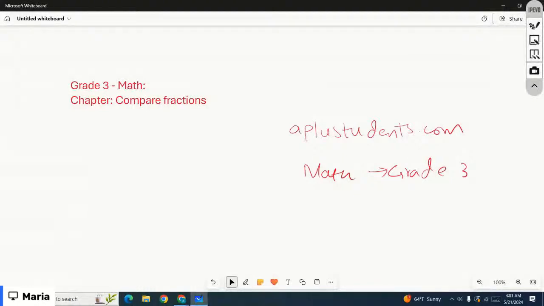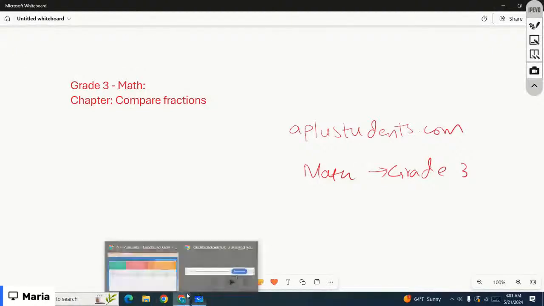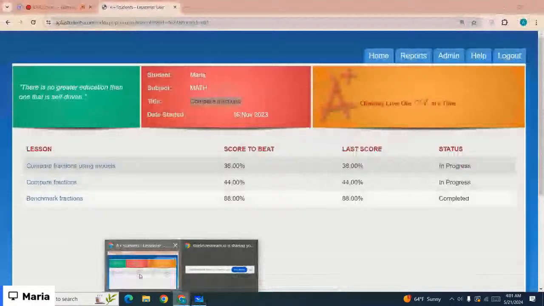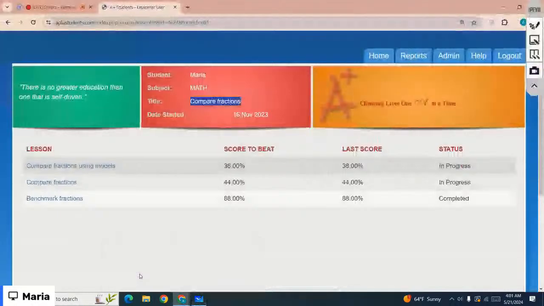We're going to start with the chapter compare fractions. So please make sure you have your notebook and pencil so that you can note down the important examples and definitions as well. So here I'm on grade 3 math. The chapter we are on right now is compare fractions.